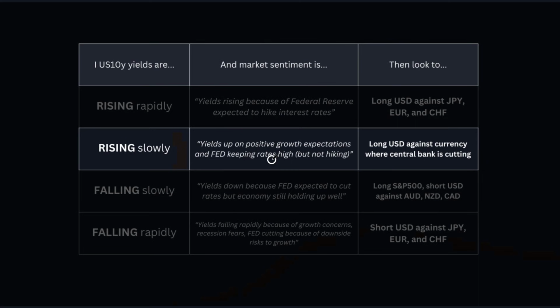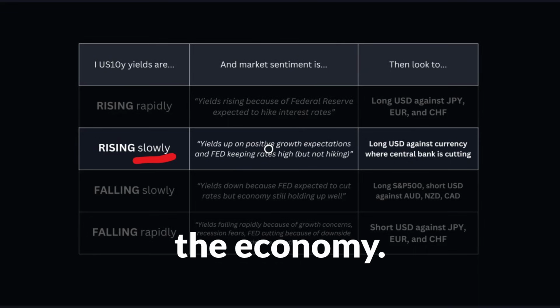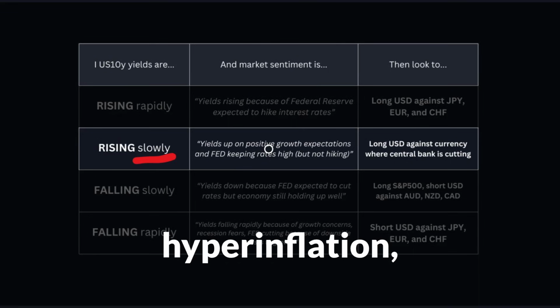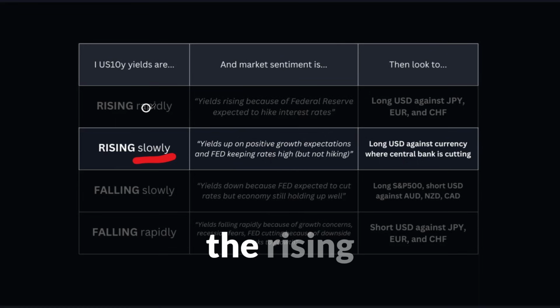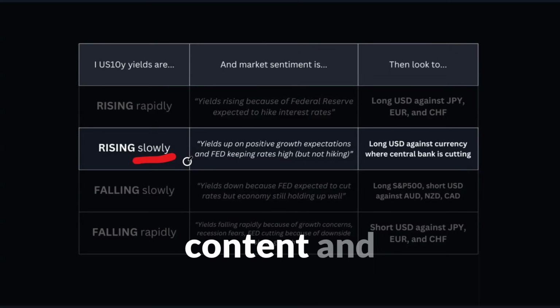Look at row 2. Yields are rising, but slowly. This is the strength, but controlled type of strength in the economy. The market is not scared about inflation, hyperinflation, none of that, which was the rising rapidly regime. In this rising slowly regime, the market is just content and satisfied that the US economy is strong.